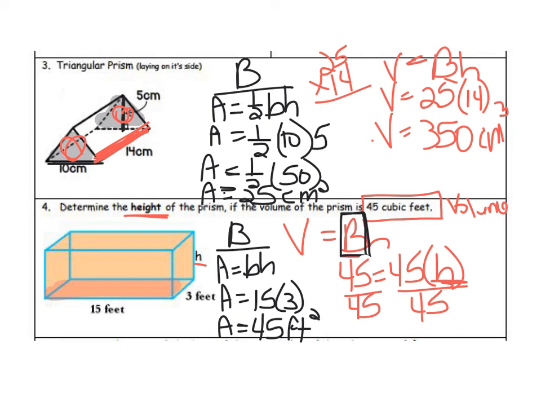We still have a variable. We have to actually divide it. So 45 divided by 45 is 1, and you're left with H. So that means that the height is 1 foot. So H is equal to 1 foot.